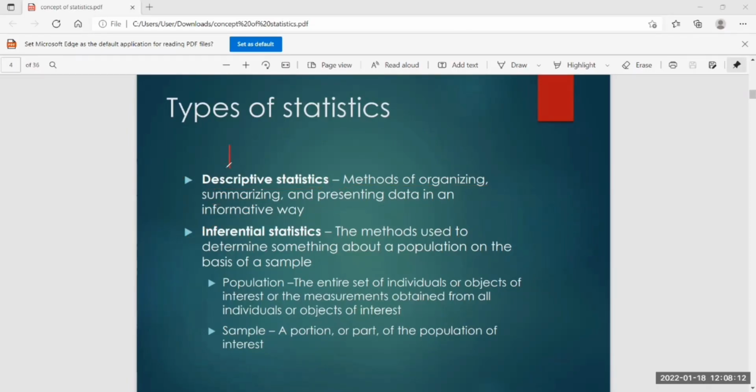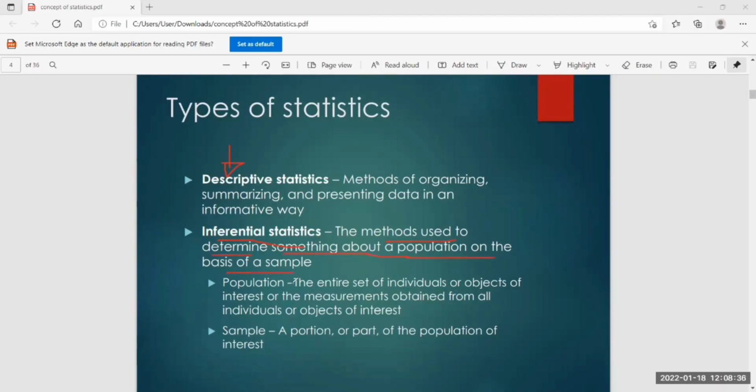So descriptive means describing. In an informative way, you have to describe it. The inferential means the diagnosis or determination on something about a population on the basis of a sample.